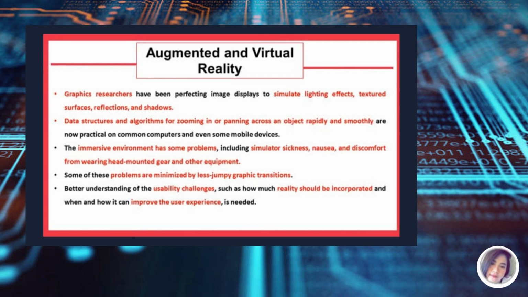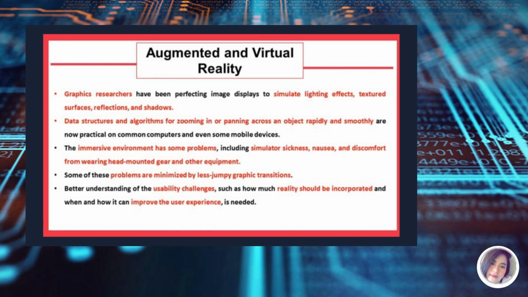Graphics researchers have been perfecting image displays to simulate lighting effects, textured surfaces, reflections, and shadows. The data structures and algorithms for zooming in or panning across an object rapidly and smoothly are now practical on common computers and even some mobile devices.